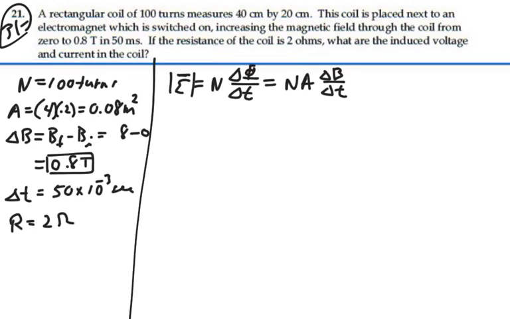Let's plug in the numbers: 100 times 0.08 times 0.8 over 50 times 10 to the minus 3, and this is equal to 128 volts.